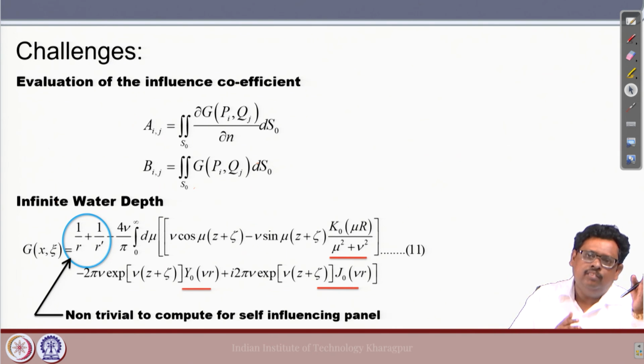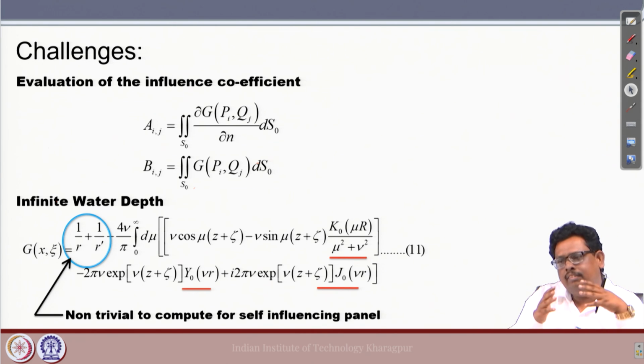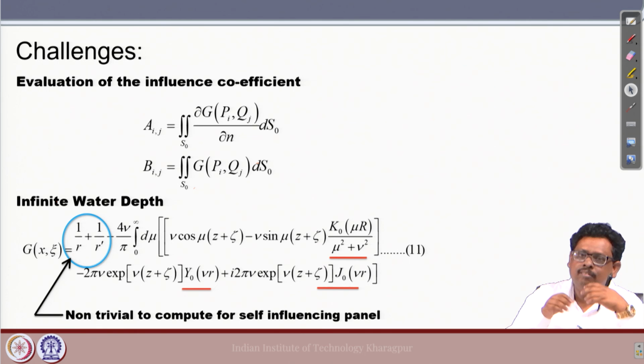If I do that numerically, I have to do an infinite sum. Once we do this infinite sum, first of all it is time consuming, and second, it may converge, it may not converge. And if we get a non-converging sum, then the solution is completely wrong. Again we have these Bessel functions of different kinds.